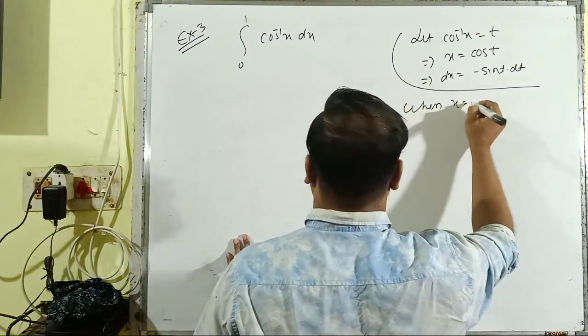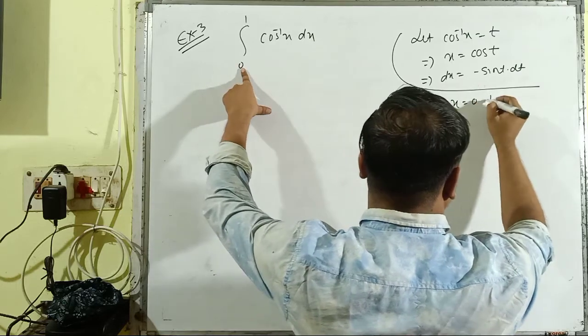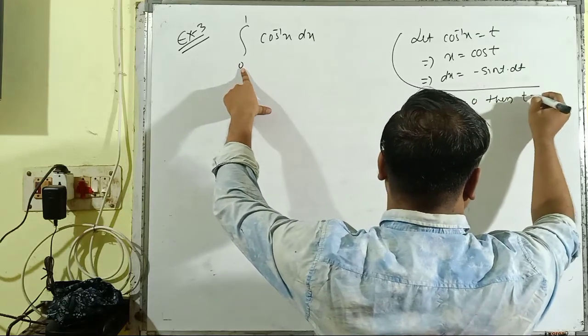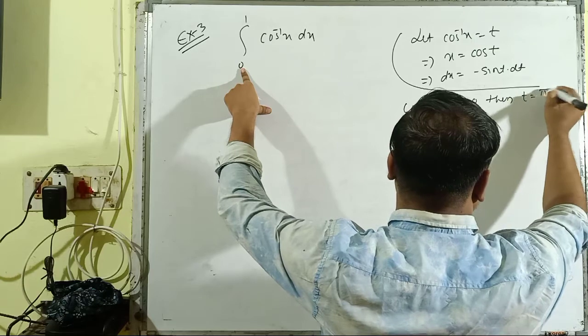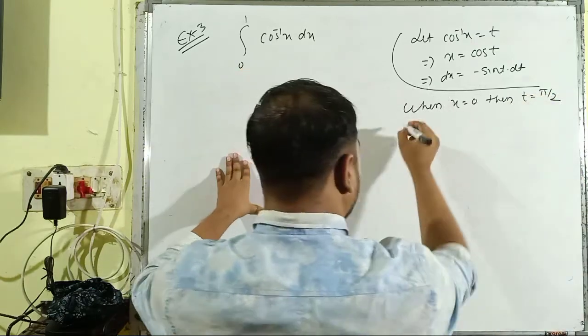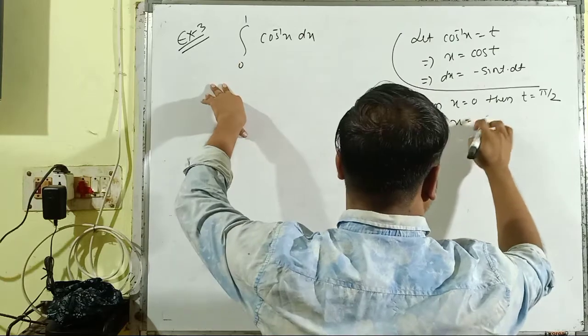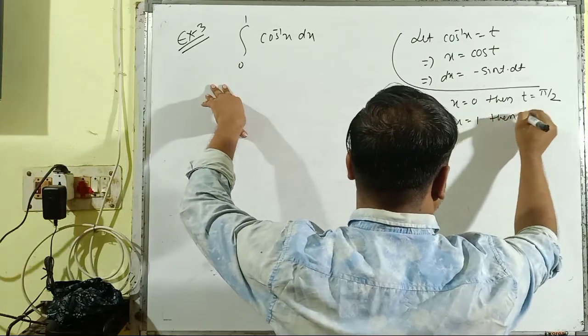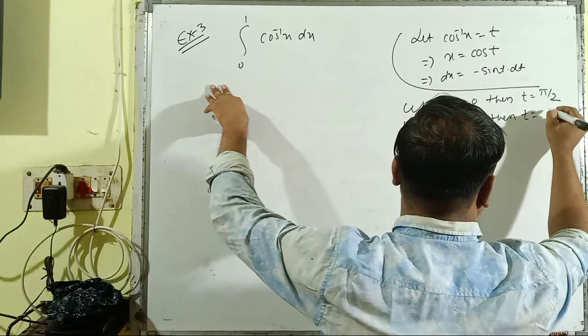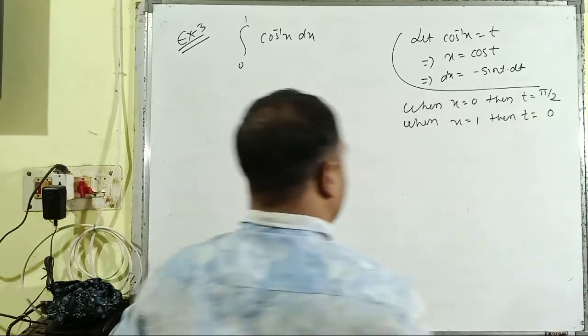When x is equal to 0, then t is equal to pi by 2. When the upper limit x is 1, then t is equal to 0.